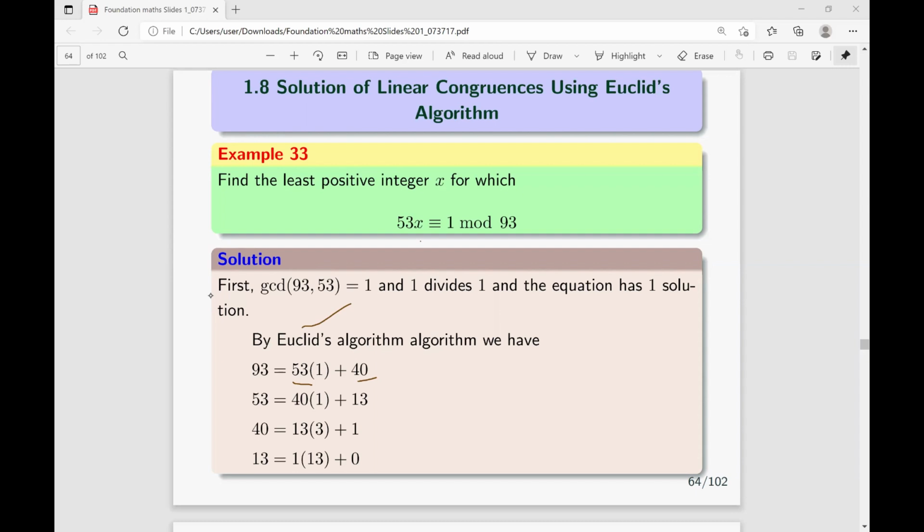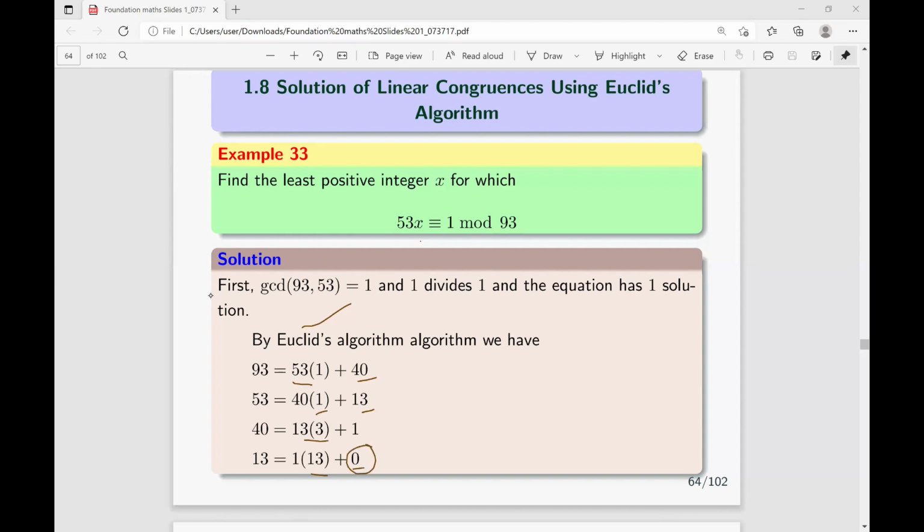I find that it goes there once, and the remainder is 13. What about 13 into 40? You find it goes there 3 times, and the remainder is 1. What about 1 into 13? It goes there 13 times and the remainder is 0.